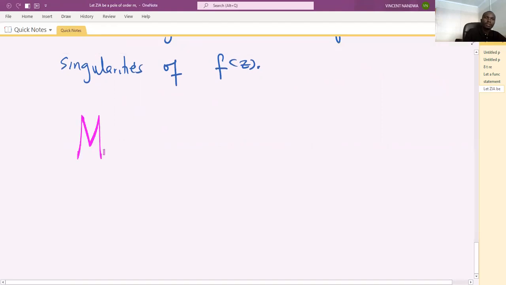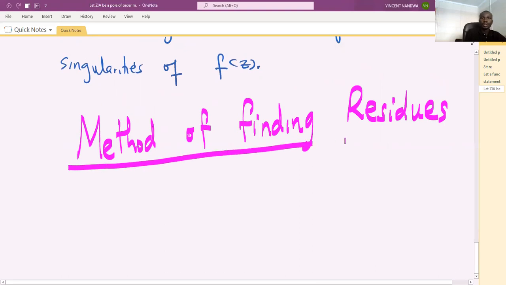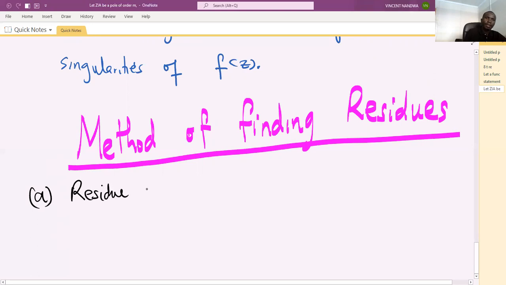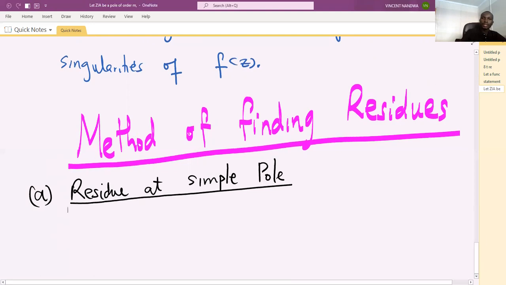So methods of finding residues. I'll state without proof, but you can always get the proof for the same. So the first one, we call it A, residue at simple pole. So let's see how we calculate residue at simple pole. So there are two ways.